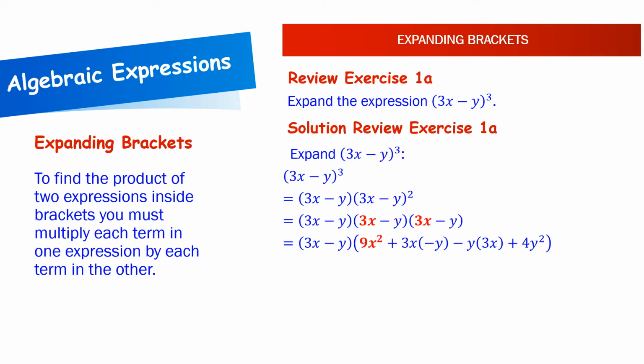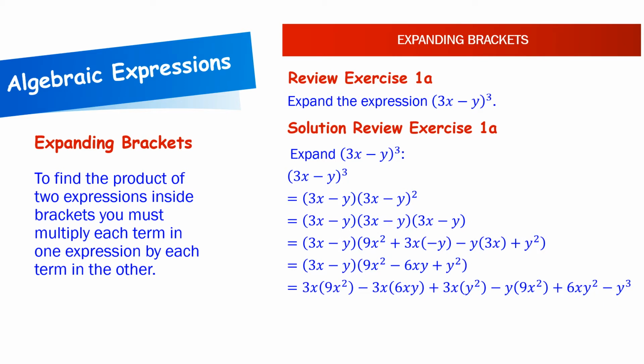And when we expand this, we obtain 3x times 3x, which is 9x squared, 3x times minus y, minus y times 3x, and minus y times minus y, which is plus y squared. We can now tidy up, so 3x times minus y plus minus y times 3x becomes minus 6xy, and 9x squared plus y squared is left as it is.